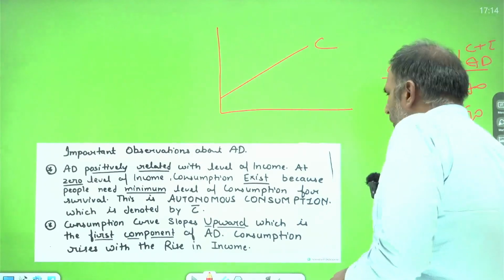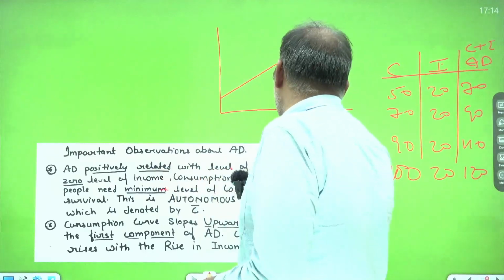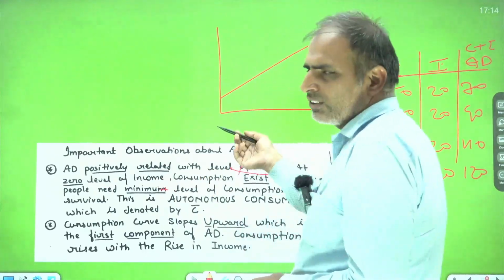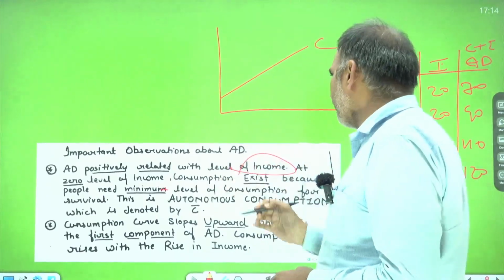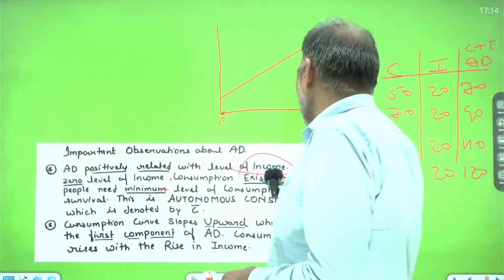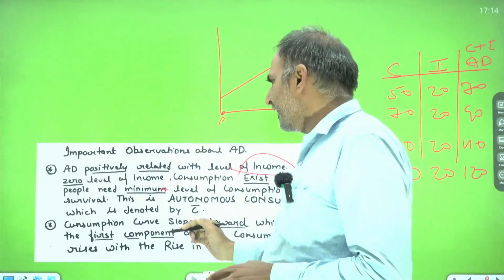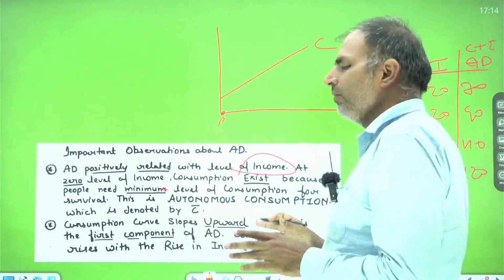What do we get? Okay, let's understand. AD is positively related with level of income. What we have said is that if the income rises, the AD also rises. At zero level of income, consumption exists. Consumption always exists. People need a minimum level of consumption for survival. You know that.